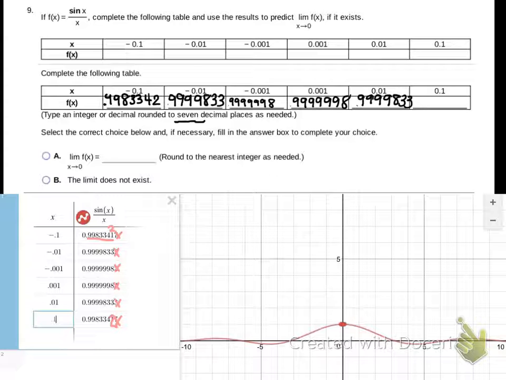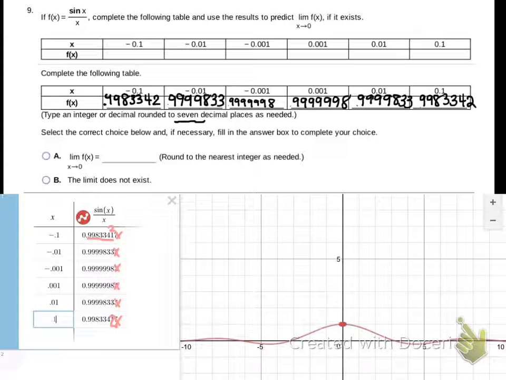And finally, the one where we needed to round again, 0.9, 3, 4, 2. That's 7. Turn that 1 into a 2.